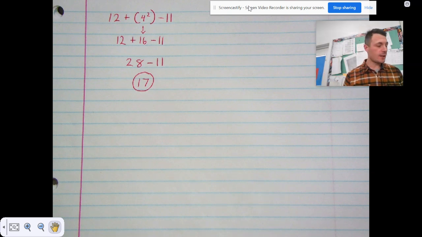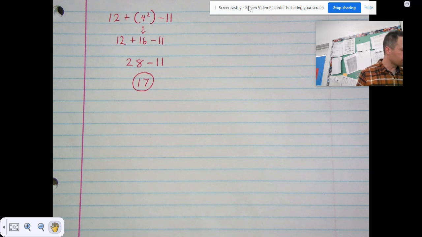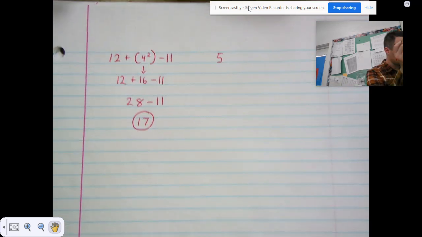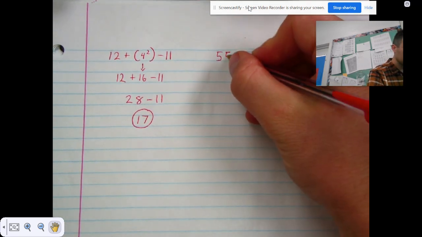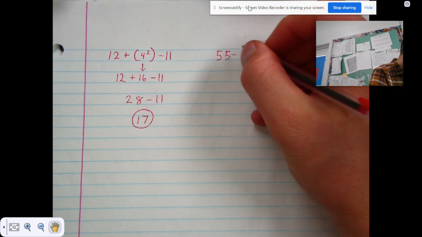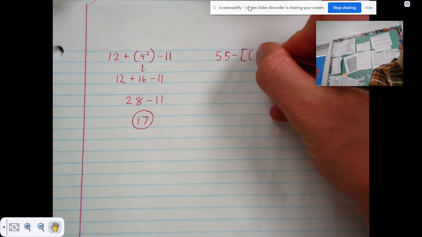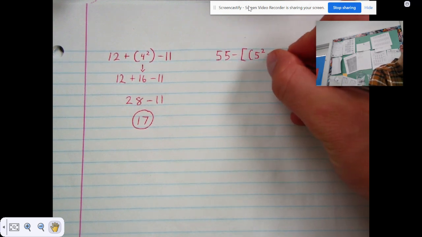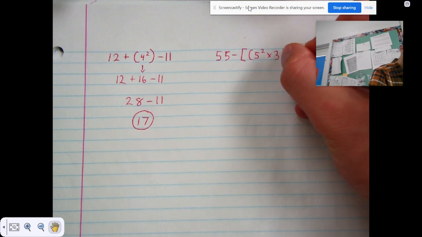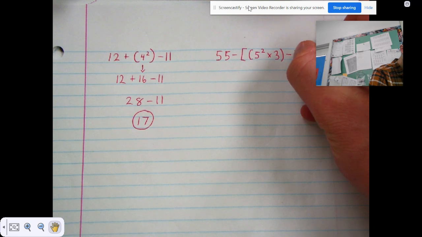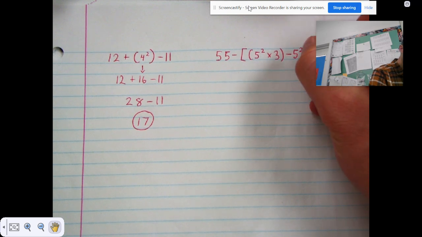Let's do one more example before I give you some independent practice. Okay? Let's do 55 minus, we'll use some brackets and regular parentheses, 5 squared times 3 in regular parentheses minus 5 squared in brackets.